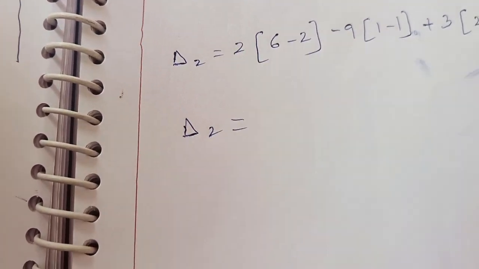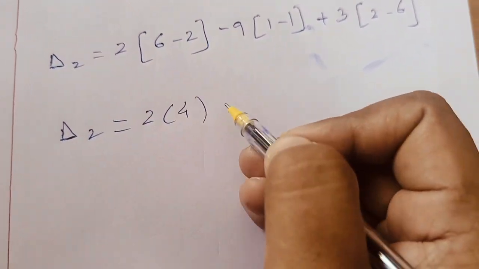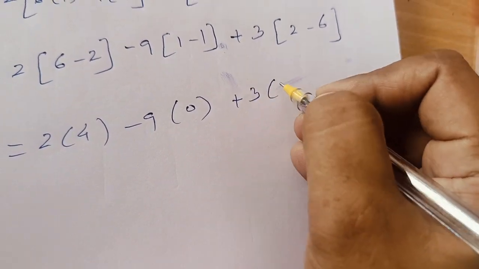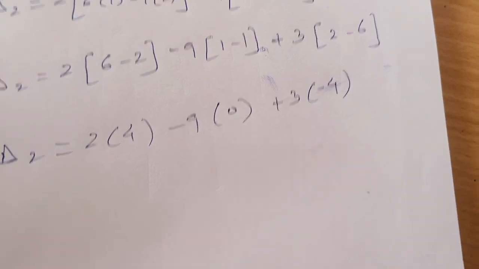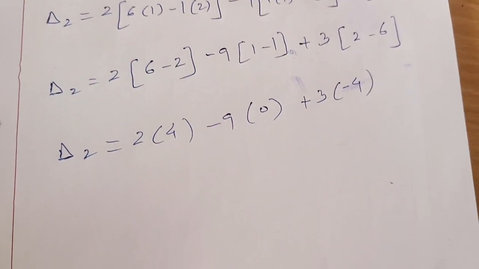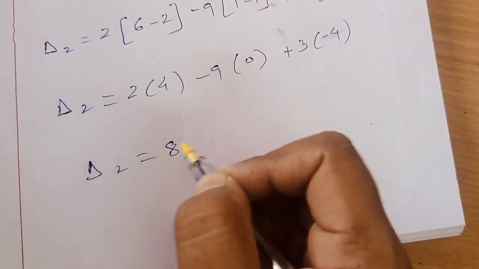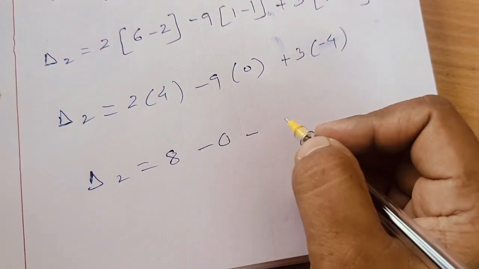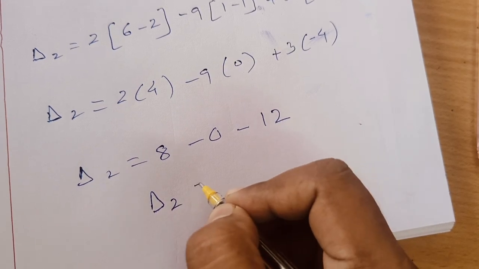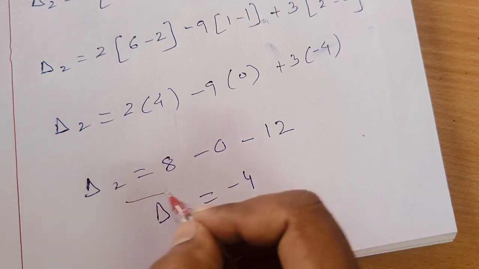Delta 2 is equal to 2 into 4 minus 9 into 0 plus 3 into minus 4. So here we get delta 2 is equal to 8 minus 0 minus 12. Minus 12 plus 8 is equal to minus 4. So this is our delta 2 value.